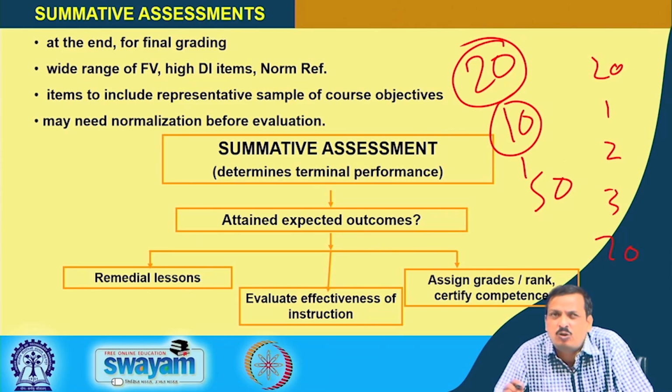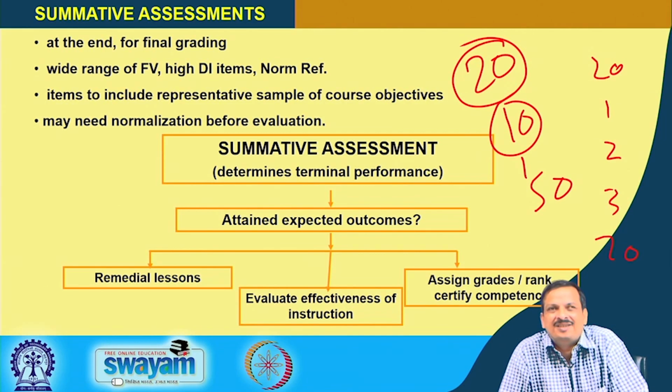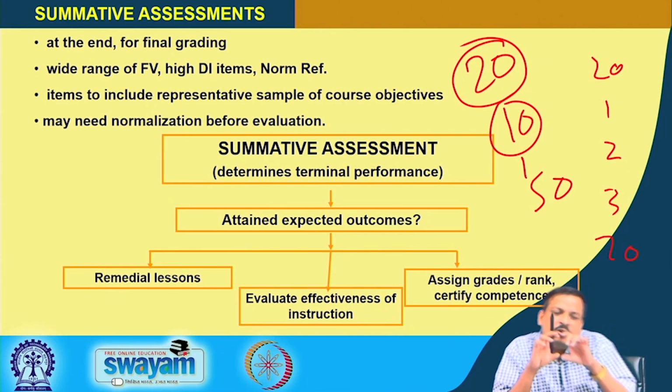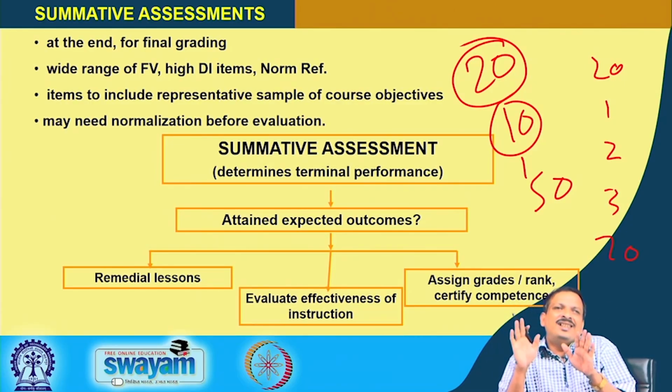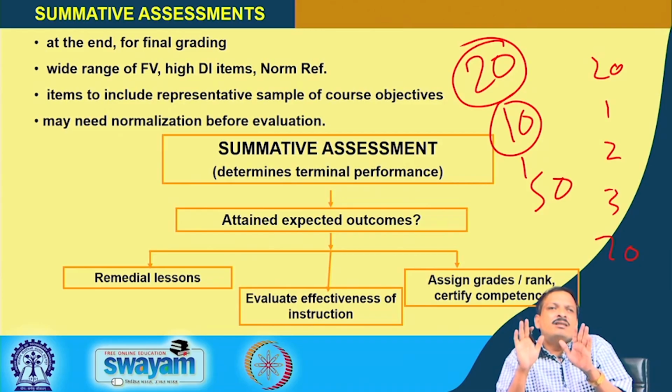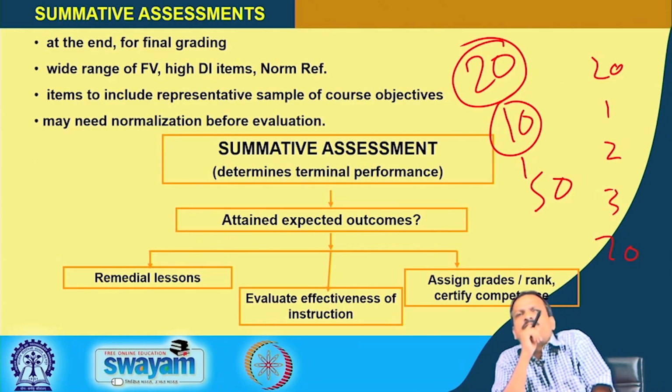If I want to reduce this cohort size, then what should I do? I design a question paper in such a way that I ensure at least 70% of the students should not get more than 3 marks.